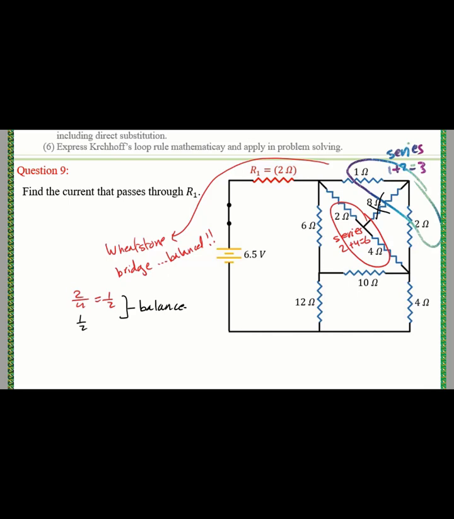Now the 3 ohm with the 6 ohm are parallel. The red one is 6, the green one is 3.